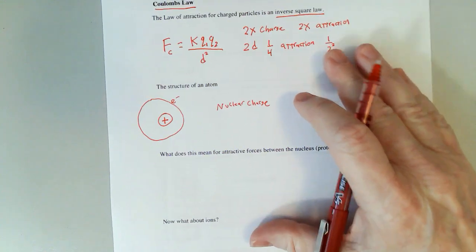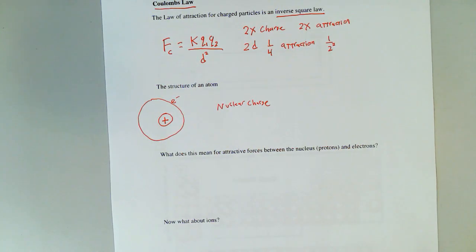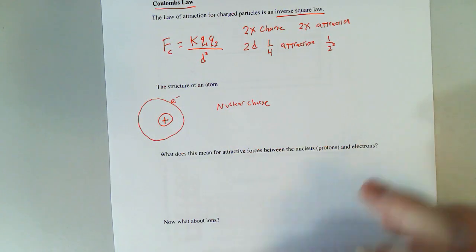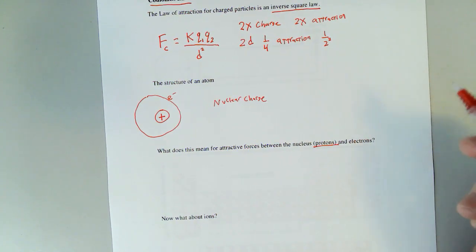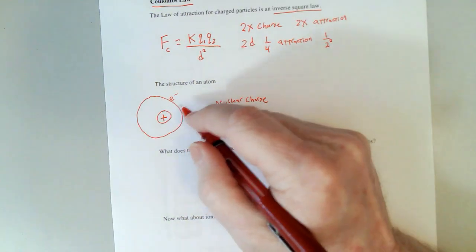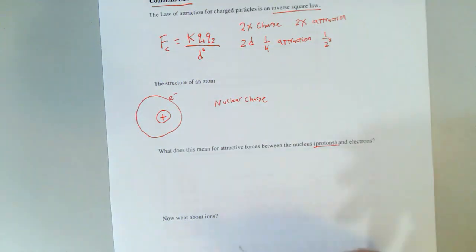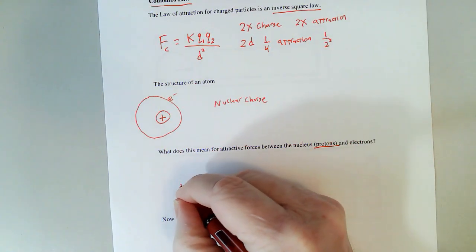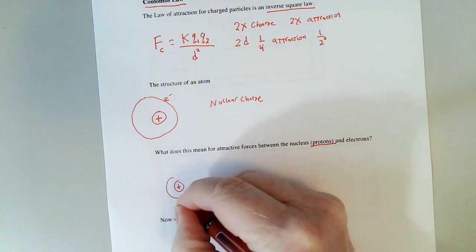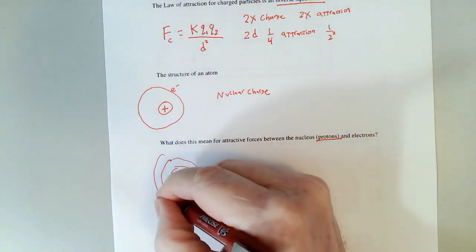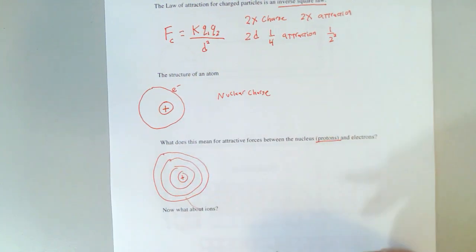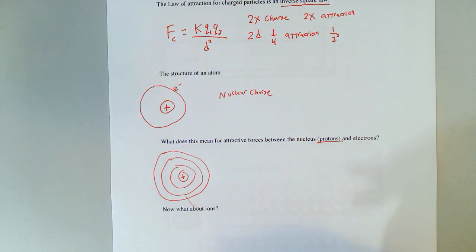Okay, so now what does this mean for attractive forces between the nucleus, which is the protons, and electrons? The protons pull in the electrons. So the farther away they are from the nucleus, so we picture these rings that we've talked about, the farther away they are, the less attractive force there's going to be.